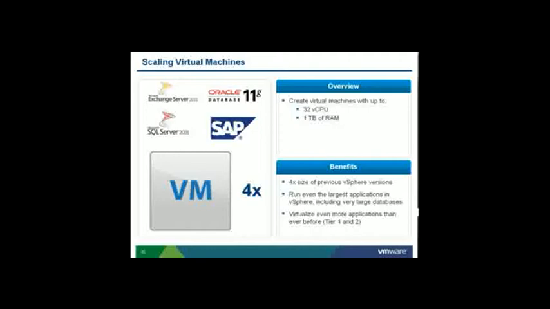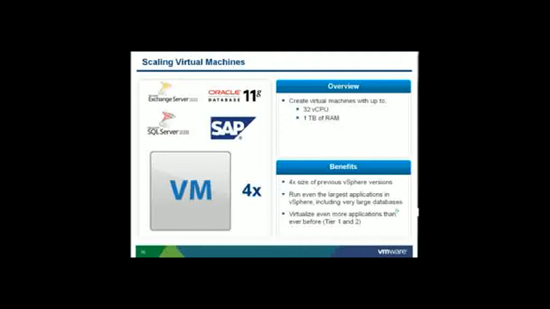Going from 8 vCPUs to 16 vCPUs might only give you an extra 3% performance increase, but of course you're consuming 100% more CPUs, so it's always worth doing a bit of research as you decide to scale out those VMs. But certainly, 1 terabyte of vRAM is quite a substantial increase.